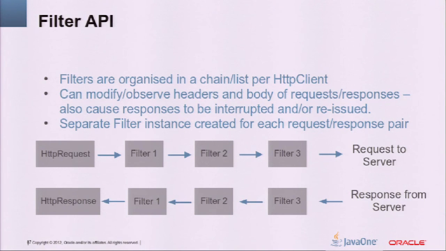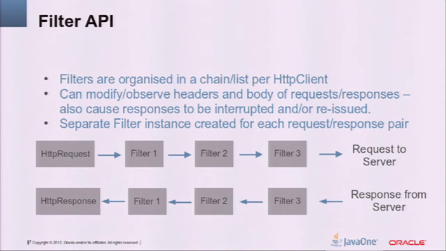So I wanted to move on then to some of the other types in the API. The first one that I want to describe here is the filter API, which Danny described earlier quite well. Briefly, filters are blocks of code or classes that perform application-independent processing on requests and responses.